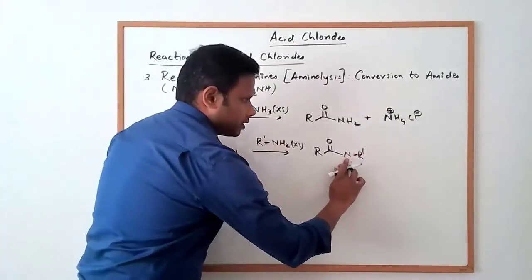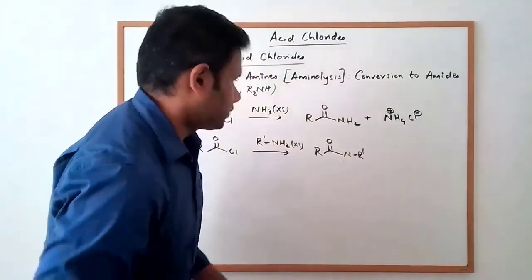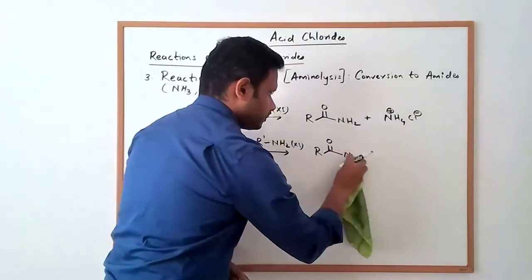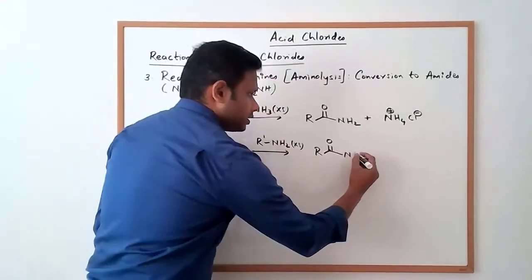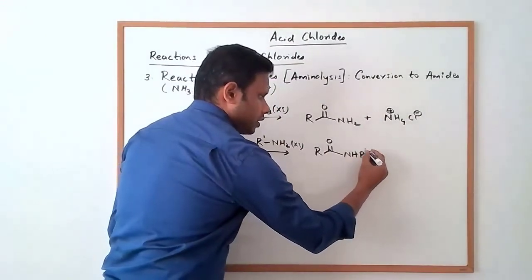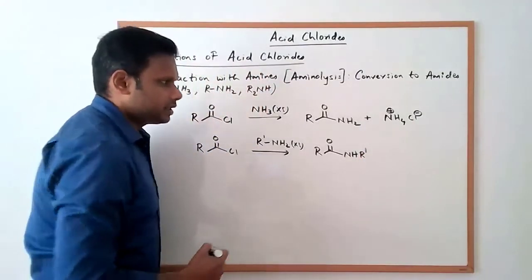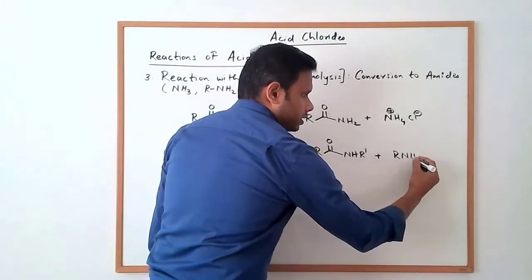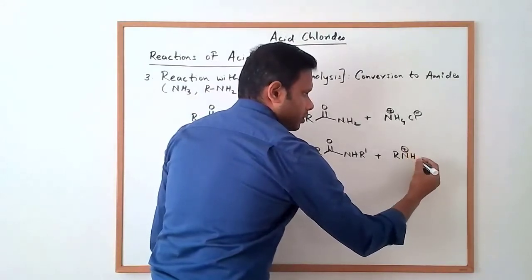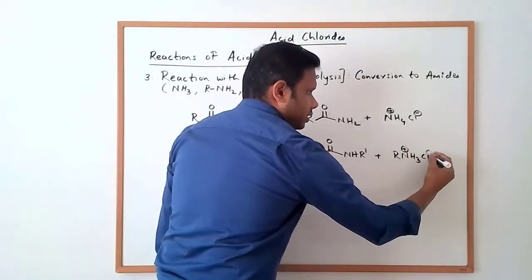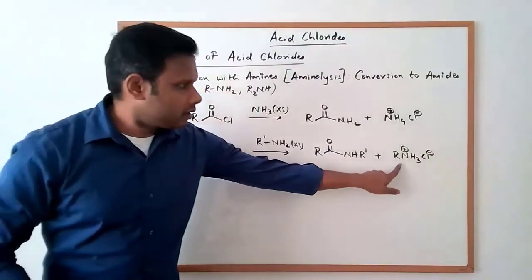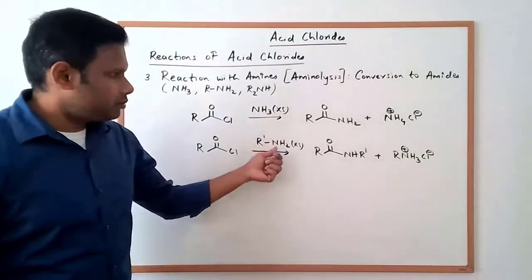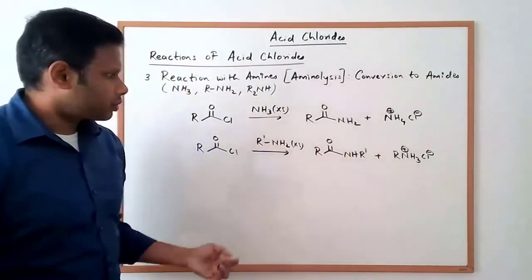Okay, that's an NH. I can fix it here. Say that this is NHR prime. So we get a secondary amide, and along with that, we're going to get an ammonium chloride, but this time it is an alkyl ammonium chloride. So the amine is converted into the ammonium chloride there.